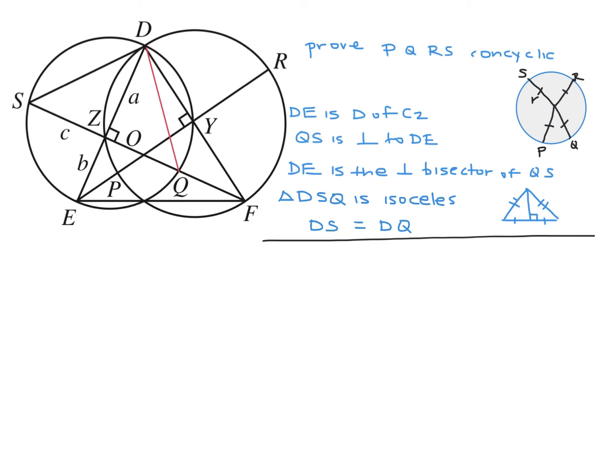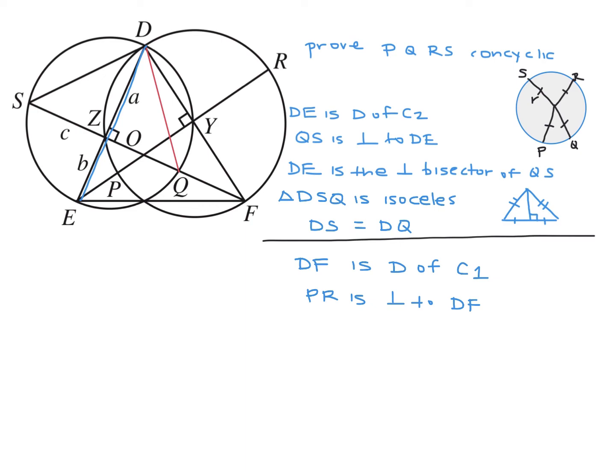In a very similar way, on the other circle, DF is the diameter of C1, right? The other circle. They told you that in the question. And very similar to what I just did, this time PR is perpendicular to DF for the same reason, right? Because if we were to draw a diameter DE, which is what it is, and then draw a triangle in that semicircle, by law, that is a right angle.